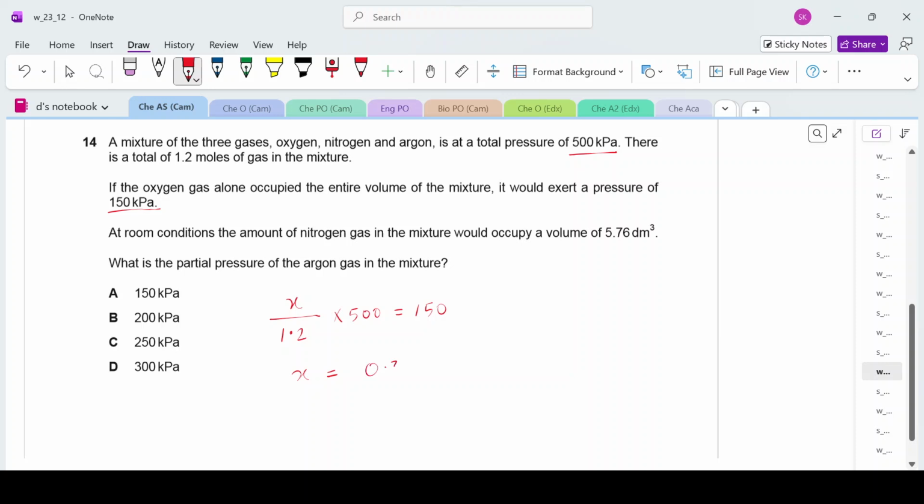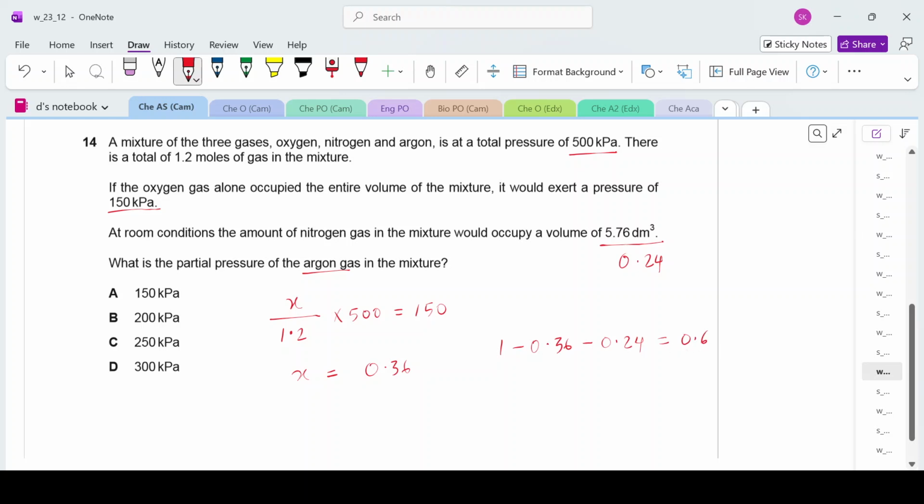So 0.36 অক্সিজেনের partial pressure আমরা পেয়ে গেলাম. এখন নাইট্রোজেনের মোলটা আমরা বের করি, 5.76 divided by 24, 0.24. So this is 0.24. তাহলে what is the mole fraction of argon? 1 minus 0.36 minus 0.24, which is 0.6.